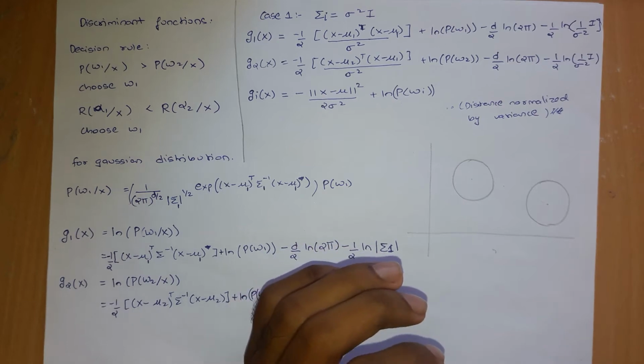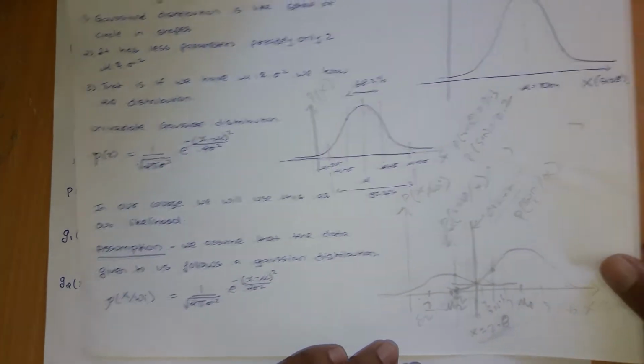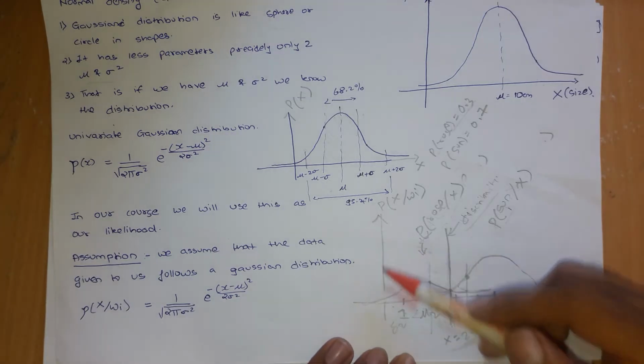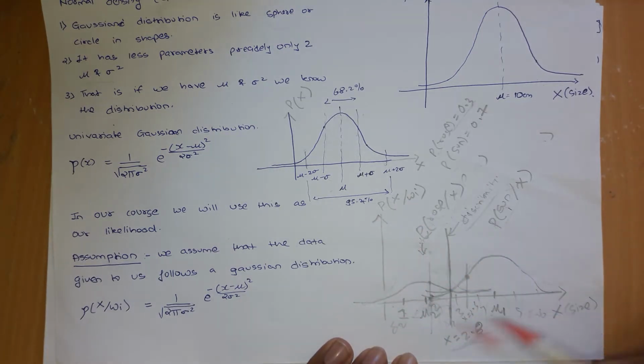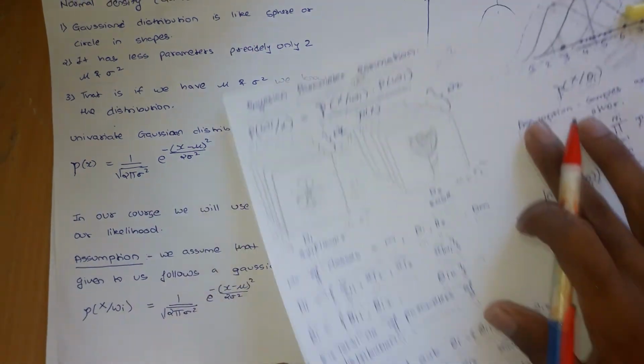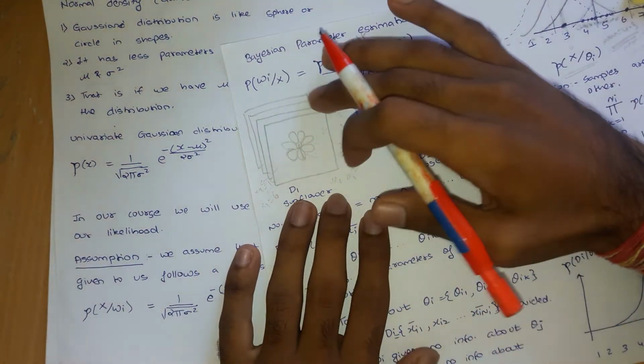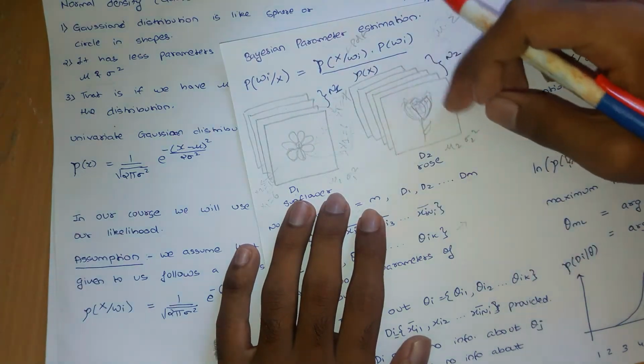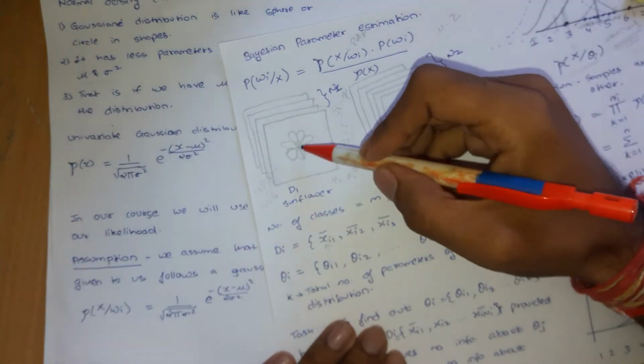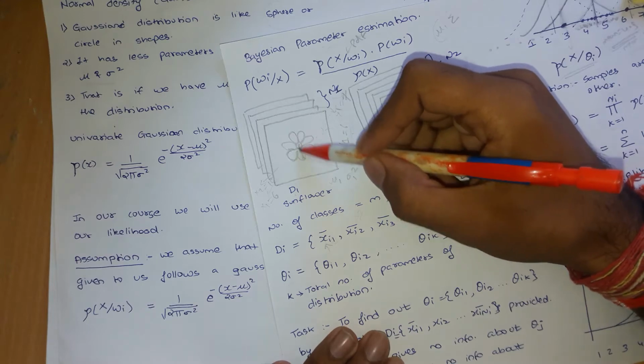So I spoke about this in my video on normal density. Suppose I have a posterior graph like this. Say the x-axis is nothing but some feature. In my example I have taken size to be one of the features. So we have these images of sunflowers and these images of roses, and we take a feature out of each image.